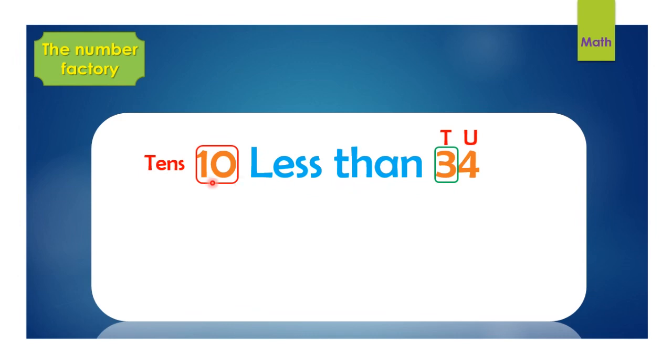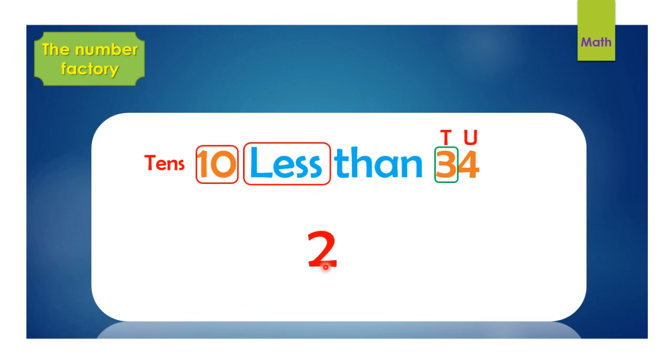When I take 10 away, because he said 10 less, I'm gonna take 10 away. Here I have 3. Put 3 on your fingers. Now take 1 away. So how many left? 2. So when I take 10 away from 30, it will be 20.